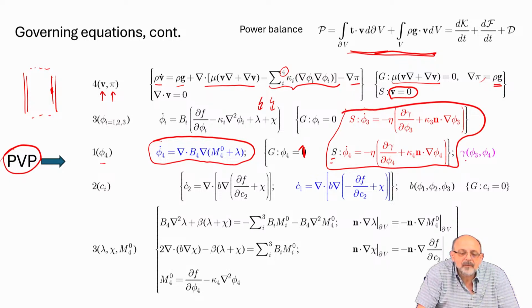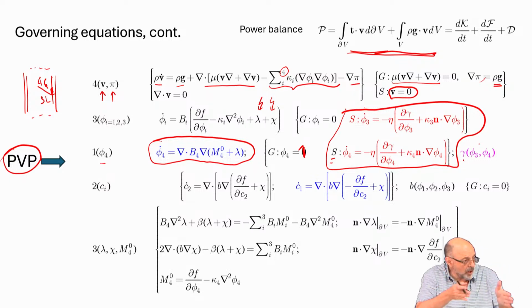And also I have this function gamma on the solid boundary, which changes from gas to liquid. Gas was phase 4, liquid was phase 3, right? So it depends on phi3 and phi4. That's interface energy between my solid boundary and whatever is inside my domain.